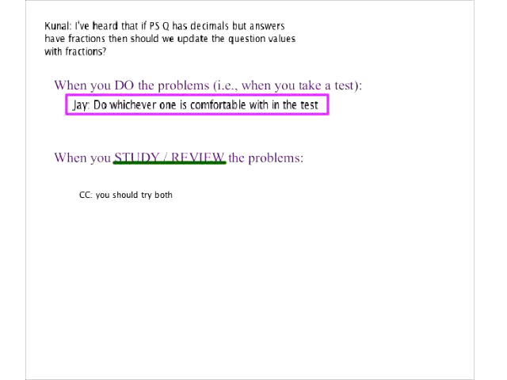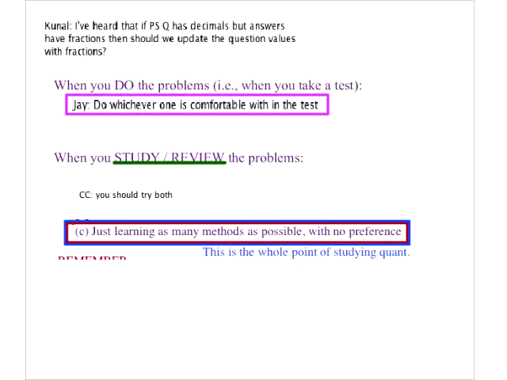That's really the only point. The point is just learning as many methods as possible without a preference. Remember, that's what we said on the other page was the whole point of studying quant. Because that way you can just pick and choose from the methods that come to mind.